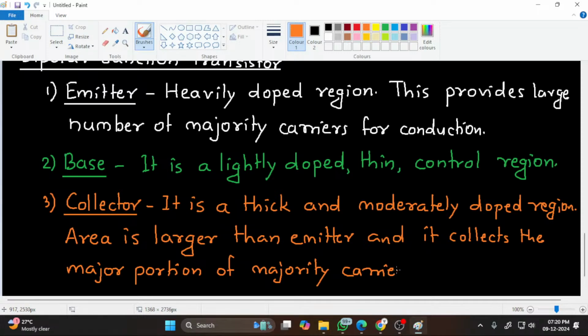So as the name suggests, it collects the charges.